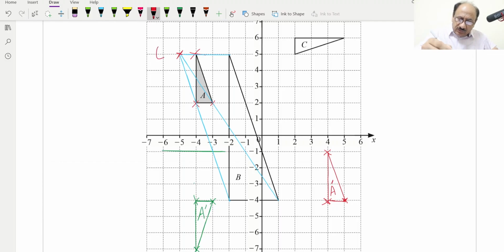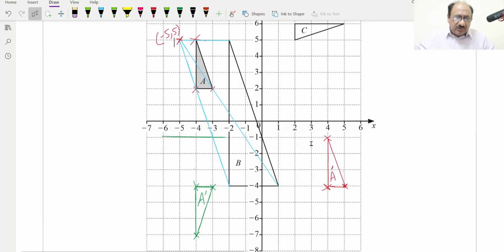The coordinates of this point are minus 5 and 5. So it is an enlargement by scale factor 3. If you check, the base of triangle A is 1, and the base of the enlarged triangle is 3. So it is an enlargement by scale factor 3.